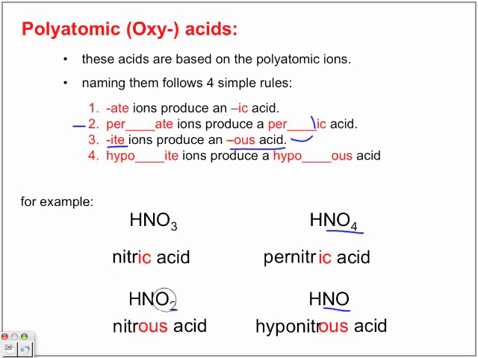Okay, so those are the 4 rules that we use when naming polyatomic acids. And these polyatomic acids, more importantly, are known as oxyacids.